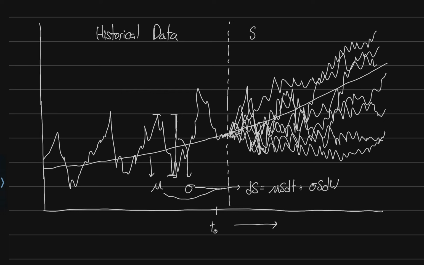And this is what we call our sample paths, choosing a good mean returns and volatility. From this, we can calculate our standard deviations.